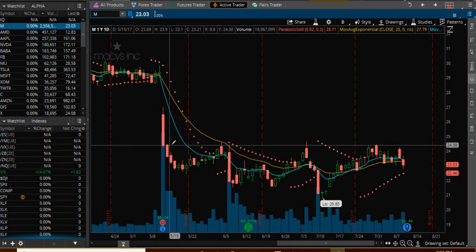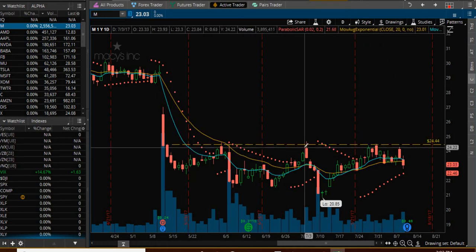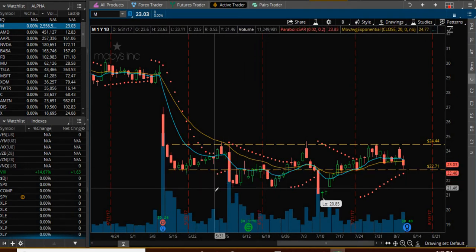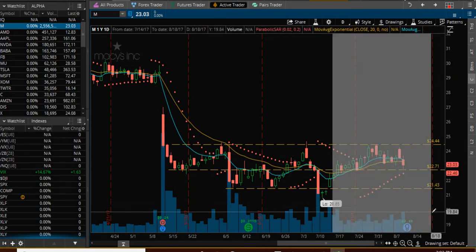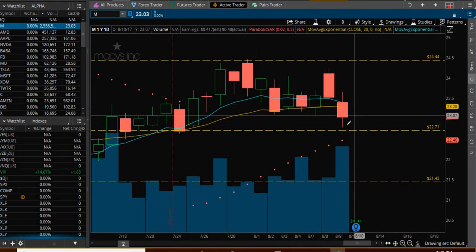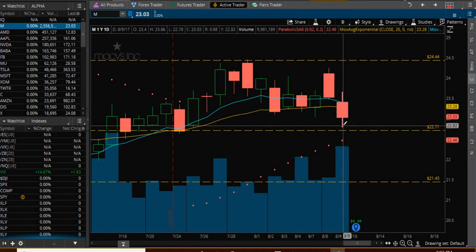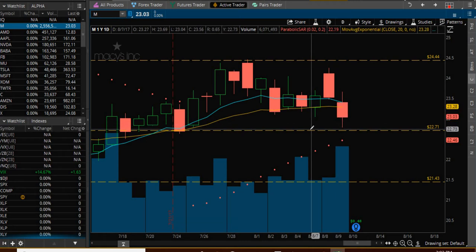Macy's is in a sideways range. Got some resistance and support here. Yesterday looked like it's starting to break below our EMA, right? So we could possibly see a sell-off to the downside here.